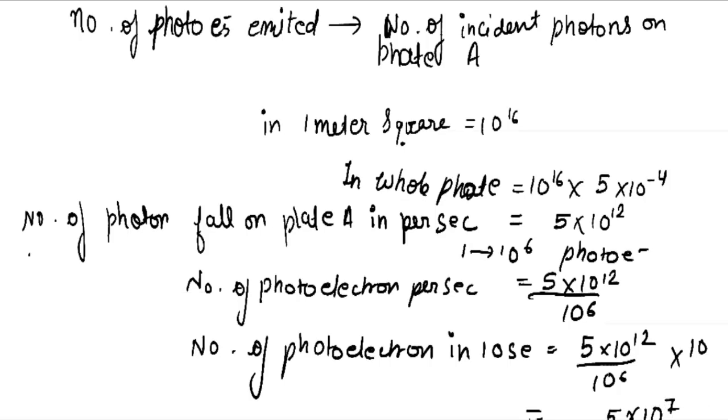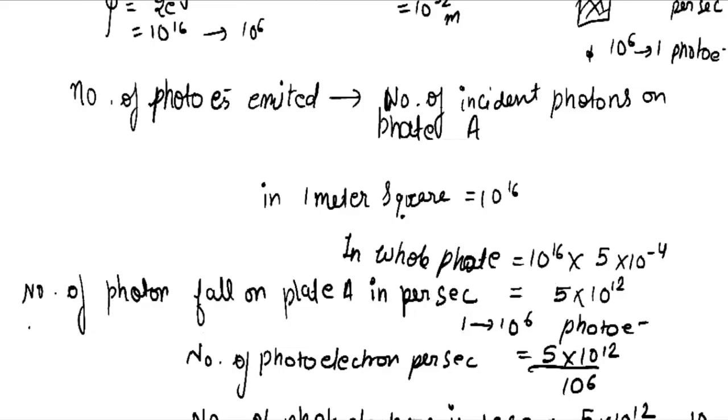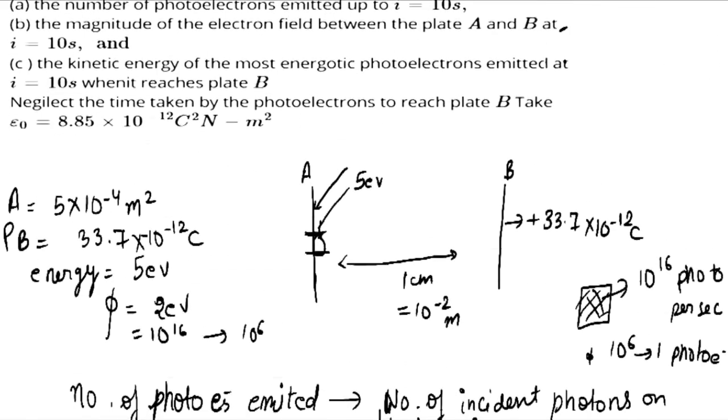There is no SI unit because this is a number. This is the number of photoelectrons in 10 seconds. So we are completed with our first part, the number of photoelectrons emitted up to 10 seconds.